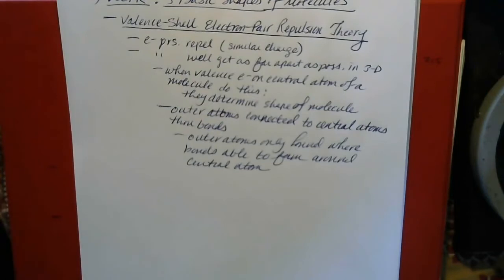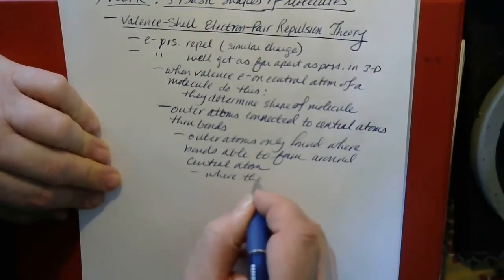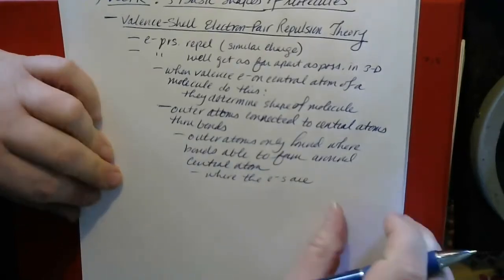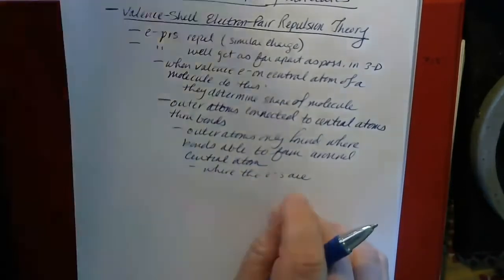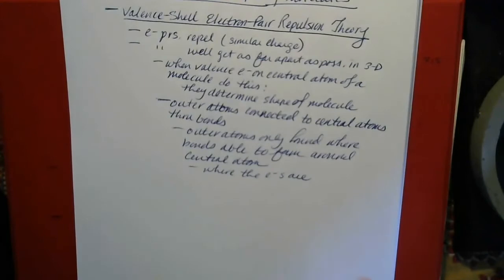And the locations where bonds are able to form will be where the electrons are. So if the number of valence electrons around a central atom basically dictates that they have to get as far apart from each other as possible, and that results in a certain area not having any valence electrons in it, then that's a certain area where there can't be a bond.